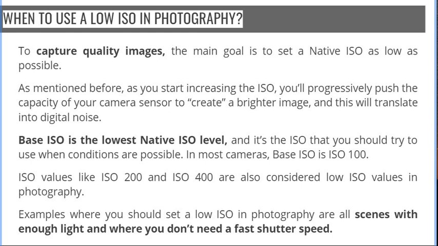Kung nakita nyo dun sa video, the more na bumibilis ang ating shutter speed, the more na bumababa ang ISO. 'Di ba? Kabaliktaran niya. For example, daylight. I'll give you an example. Daylight ngayon, maliwanag. Ano ang gagawin mo sa ISO mo?